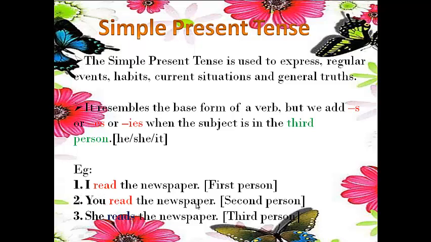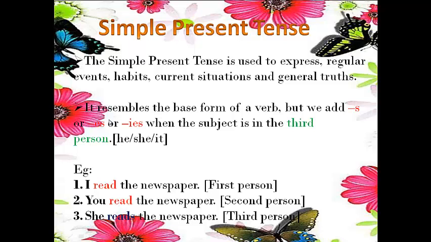You is second person. So, same as first person, the base form of a verb will not change here also. In the third sentence, she reads the newspaper. Here you can see the difference. The base form of a verb changed.